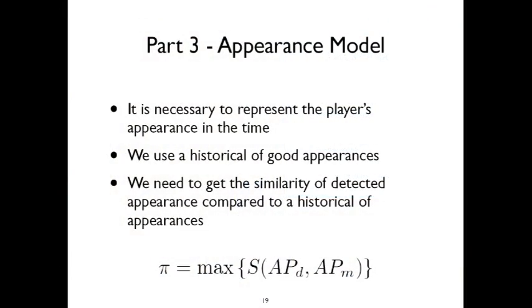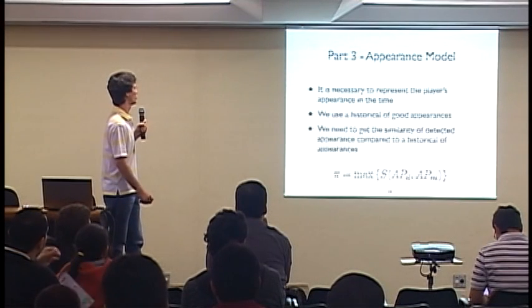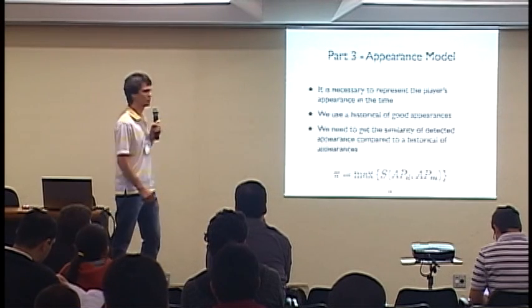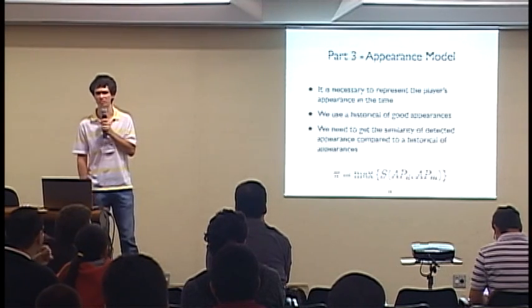It is necessary to represent a player's appearance over time because we track over a longer period of time. We use a history of good appearances. We need to get the similarity between the appearance and this history.